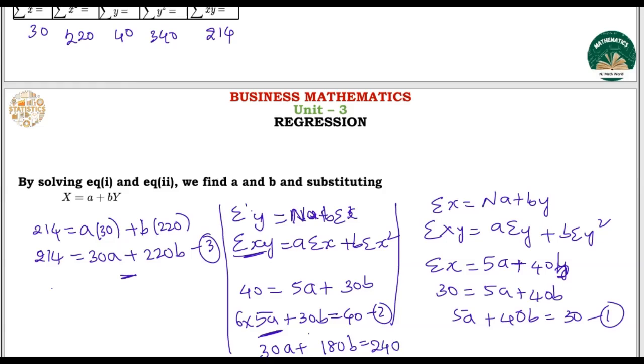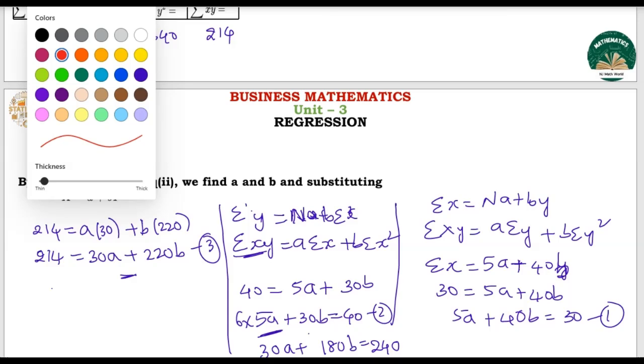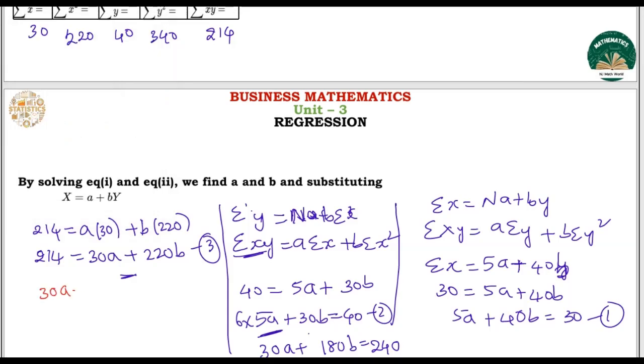So we will substitute this and solve the equation. We get 30a plus 220b equals 214, and 30a plus 180b equals 240.